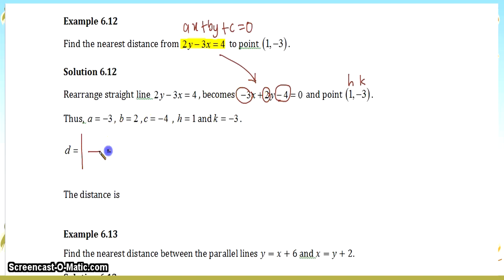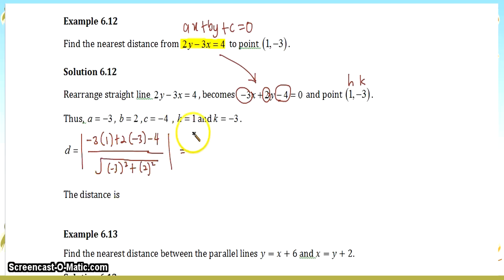So it is a ratio of negative 3 times x, which we replace by h, so times 1, plus 2 times k, which is negative 3, minus 4. This is for the numerator, and for the denominator, we find the square root of a squared, which is negative 3 squared, plus b squared, 2 squared.